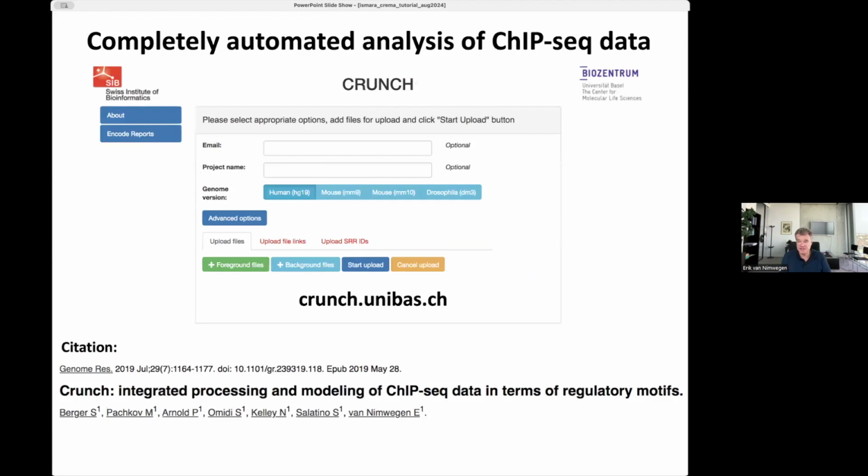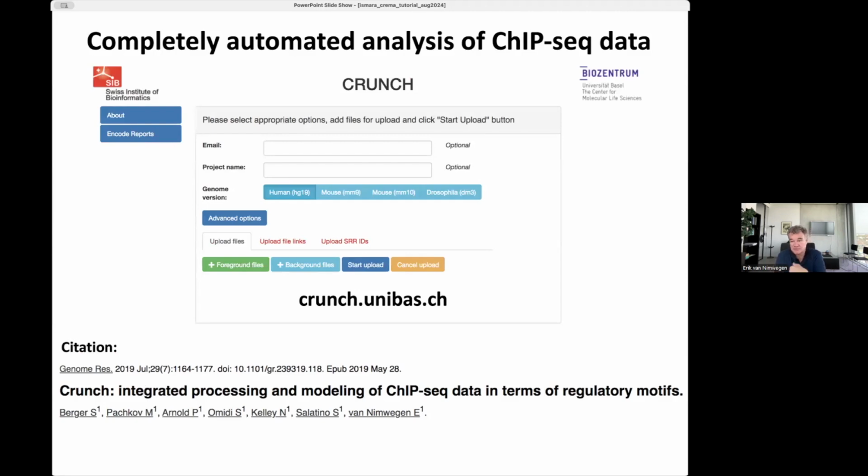So for this, we use a previously developed tool in the lab, which is a general automated pipeline for ChIP-Seq processing, which we call Crunch. And so there's a website, crunch.unibus.ch, and this is just a general tool for the processing of ChIP-Seq data, and many steps used by this tool are used also in CREMA to first process the data.